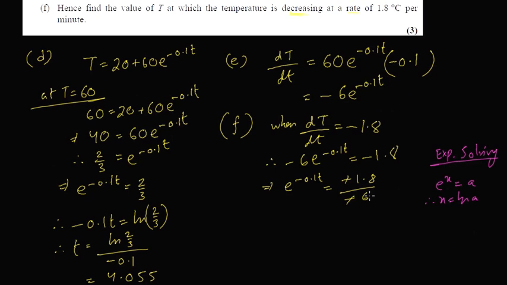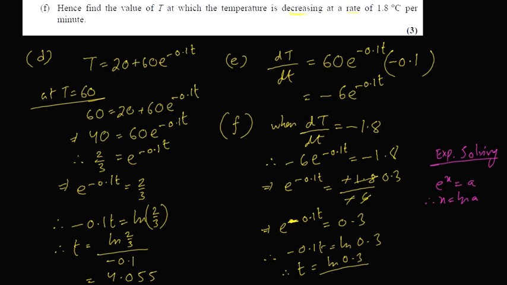This is going to be 0.3. So e to the power minus 0.1 t equals 0.3. Therefore minus 0.1 t equals ln 0.3. Therefore t equals ln 0.3 divided by minus 0.1.